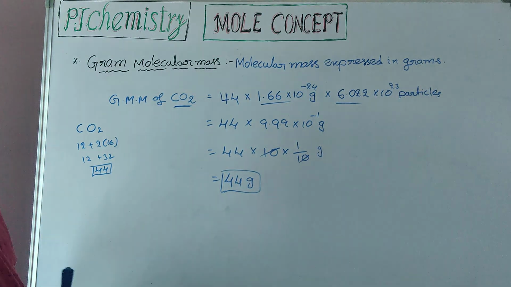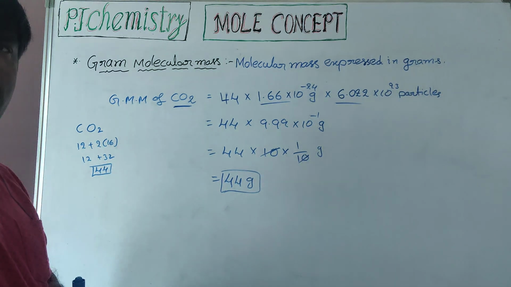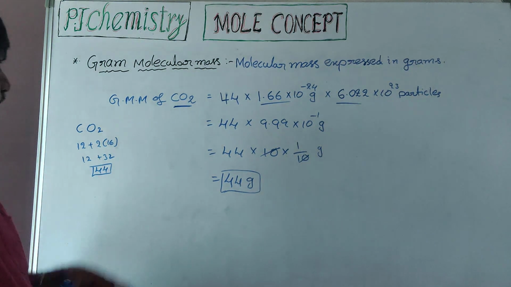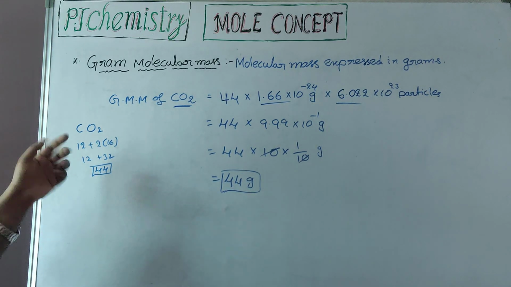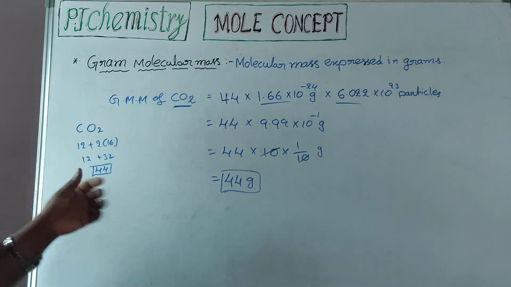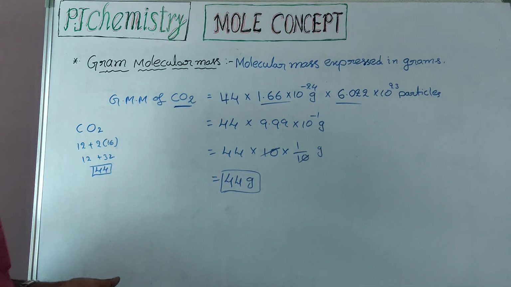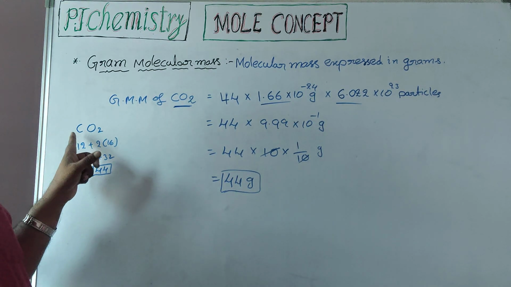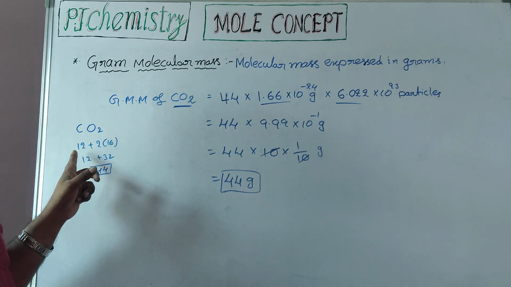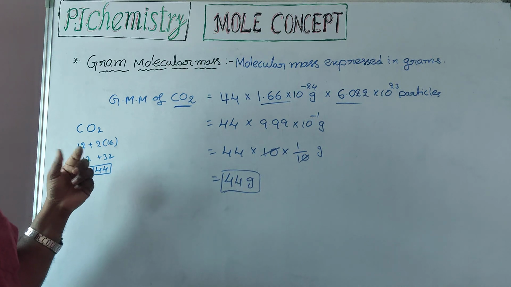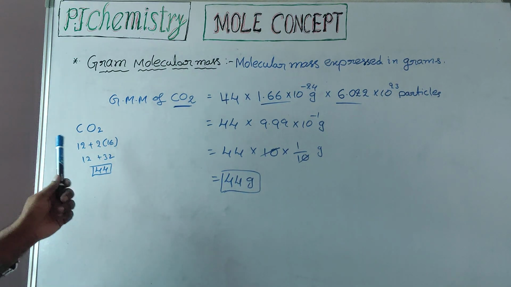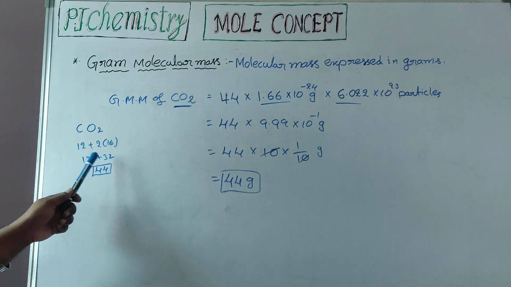Yes, I hope you already know how to find molecular masses, but I have not explained that concept completely. See here, two kinds of atoms, three atoms in total. The total of the three atoms gives the molecular mass. Carbon 12 mass number, oxygen 16 mass number, two oxygens are there, so 2 into 16, 32.